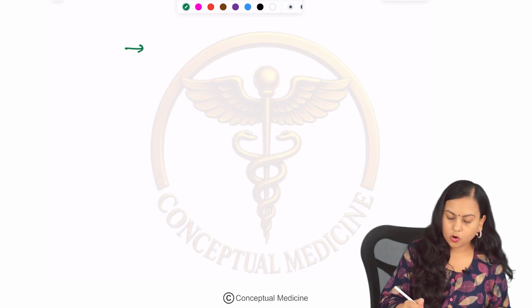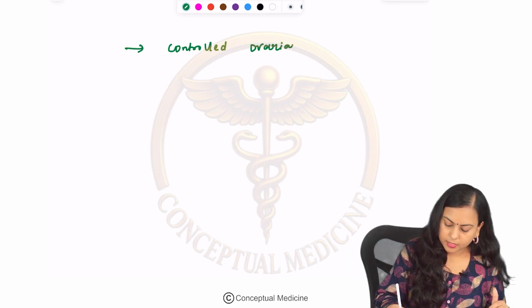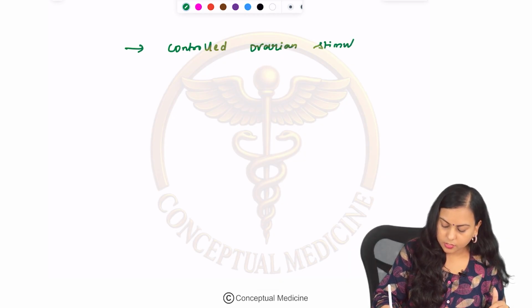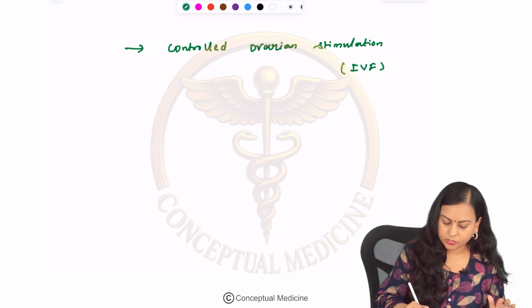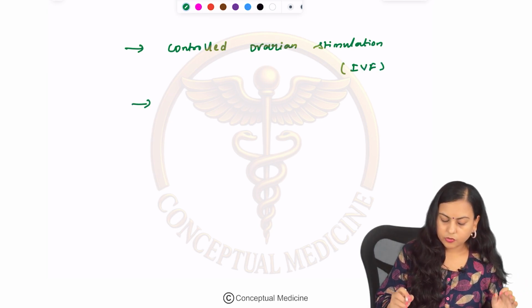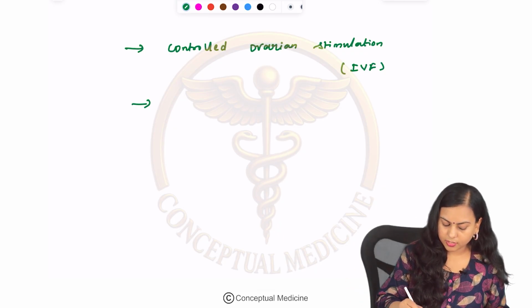So this is a complication of controlled ovarian stimulation that is done by in vitro fertilization, and you will be able to see ovarian enlargement and accumulation of fluid in various regions.